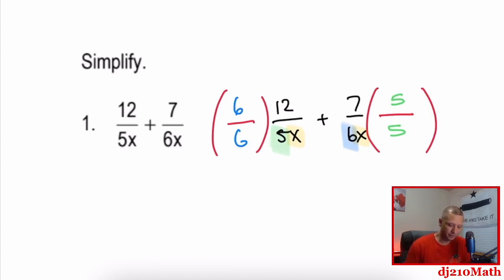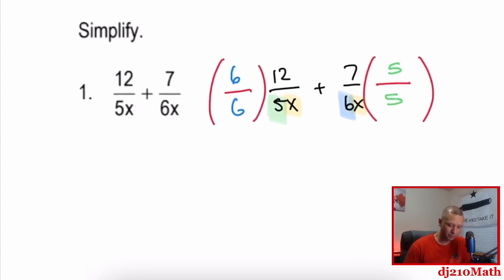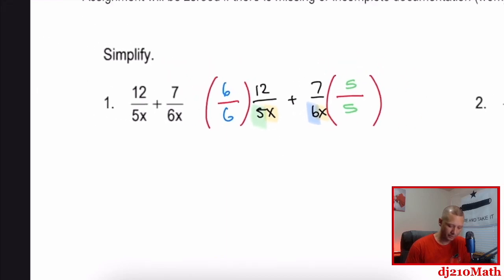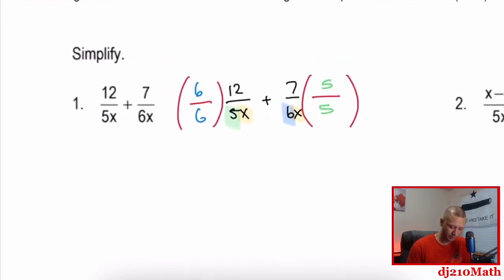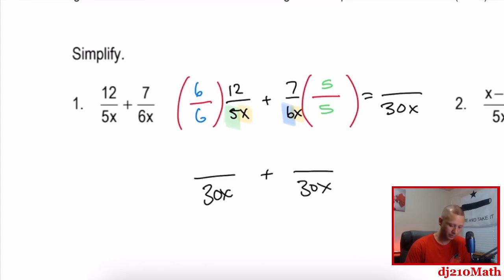Now, this is going to come out to, so the denominator in the end is going to be 6 times 5, which is 30x. So this is going to be 30x, 30x. 6 times 12, 72, 35.